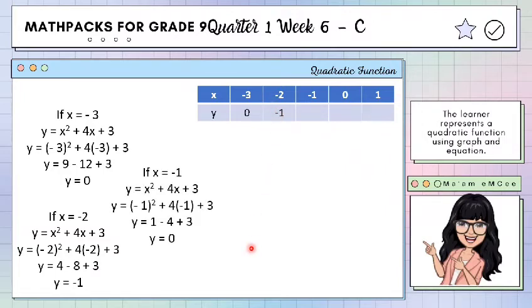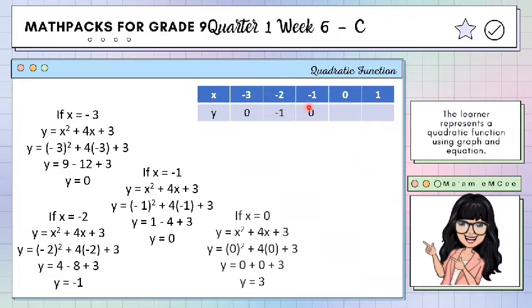Then we proceed to our next value, x equal to -1. Substituting it into our quadratic function, we will have y equal to 0. So our next ordered pair will be (-1, 0).